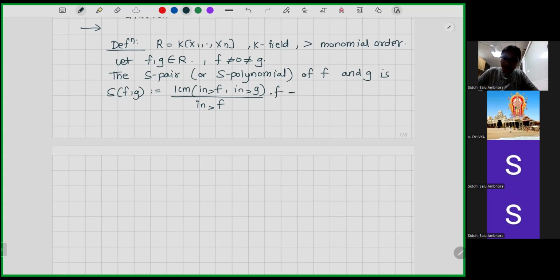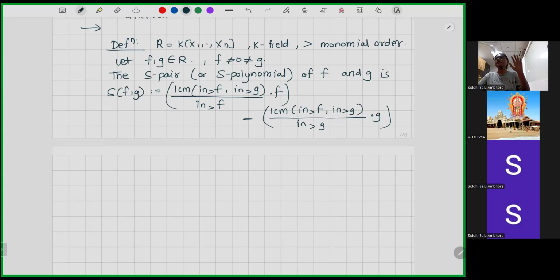Minus, again, LCM of the initial term of f and the initial term of g, divided by the initial term of g, times g. This is subtraction, so this term minus this term. This is my S polynomial.